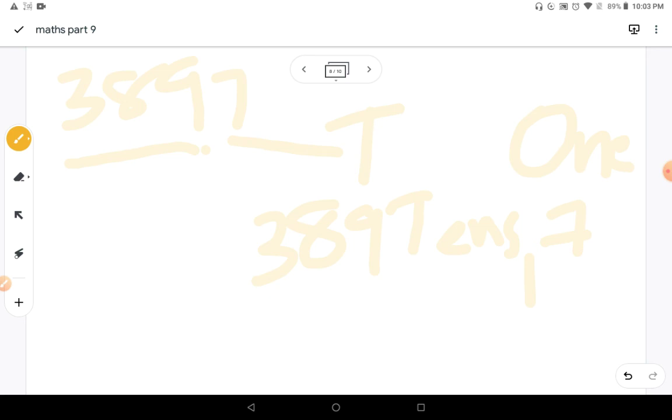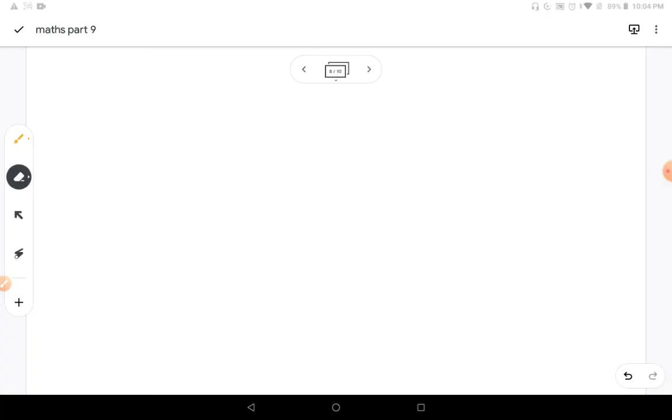Now you have to represent the same number, 3897, in terms of thousands and ones. How will you represent thousands and ones? Ones you already know.